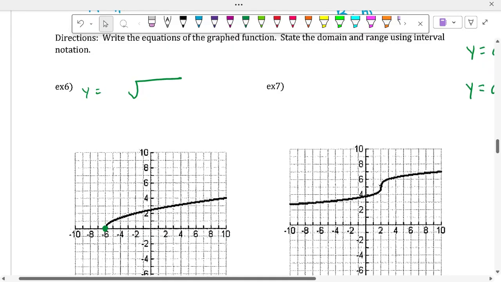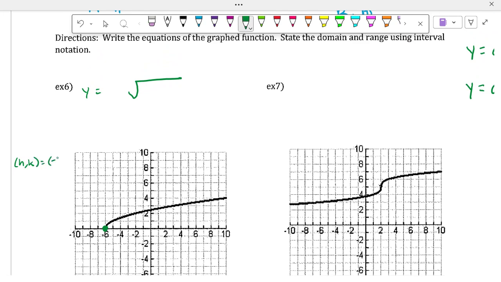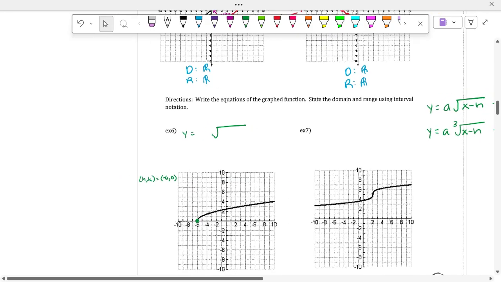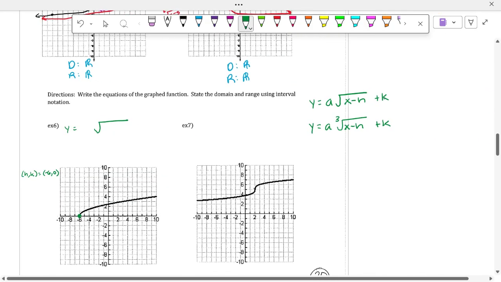So h, k is equal to -6, 0. So if I plug that in to this function over here and evaluate it, what would it look like here?